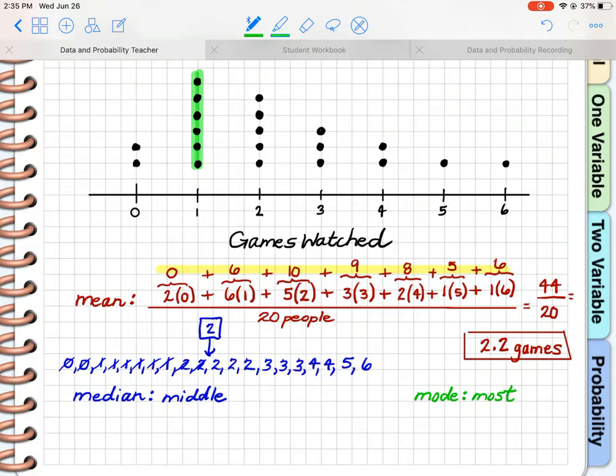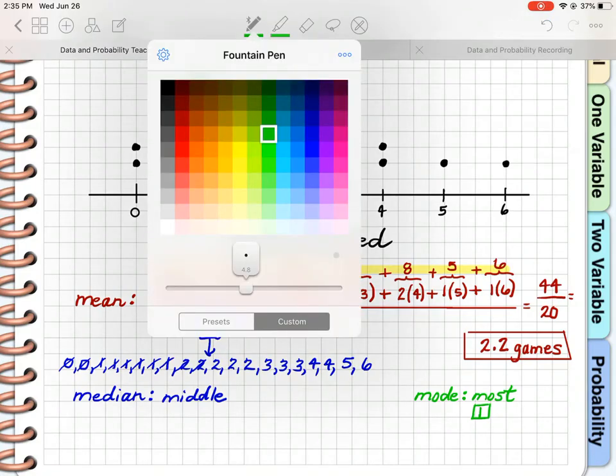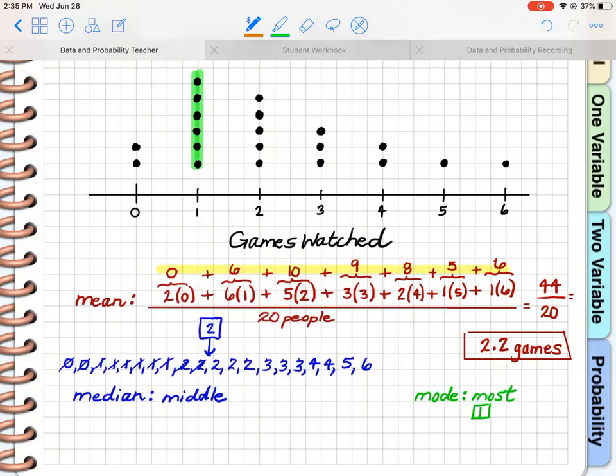So your mode in this data is 1. And the range, we can find this one very quickly because we've already found min and max. Remember minimum and maximum? Range is the maximum minus the minimum. So the range on this data is 6.